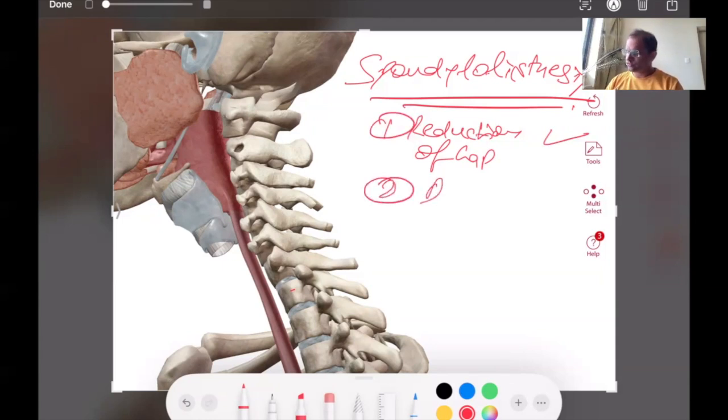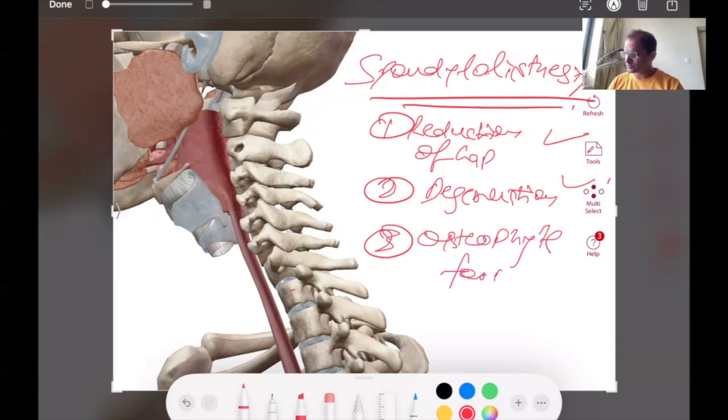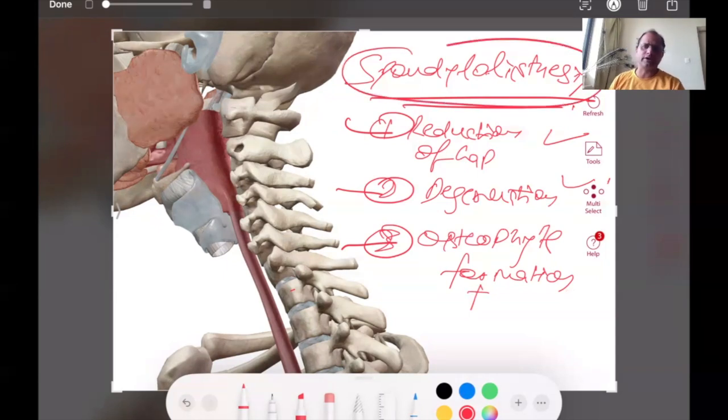Number 2, degeneration will happen. Degeneration भी होगा. Number 3, osteophyte formation भी होगा. Osteophyte formation. So the same things will happen, plus there will be one more thing, which will make this problem very complicated, very critical.